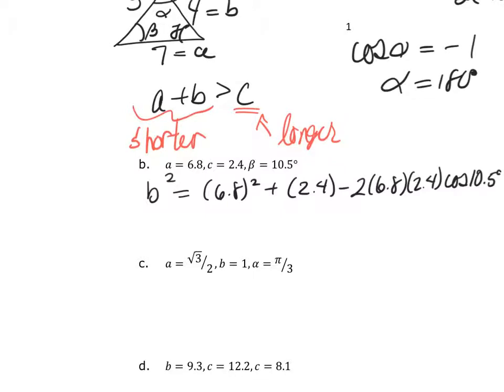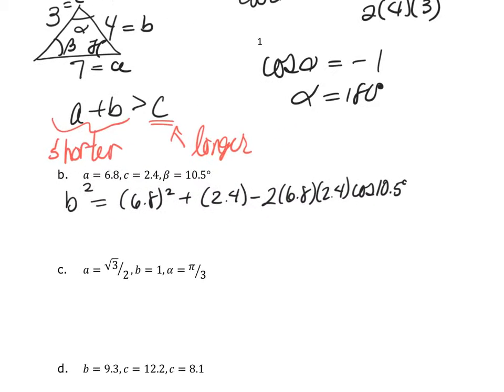So somebody with a calculator, tell me what you get. I don't know what angle that cosine matches to. Because I see beta, it has to go with b. Alpha and a, gamma and c, beta and b.